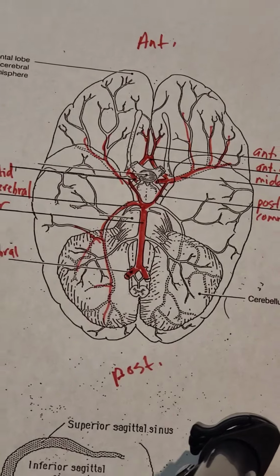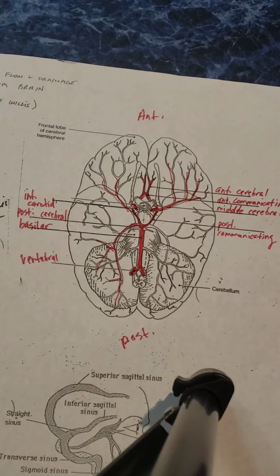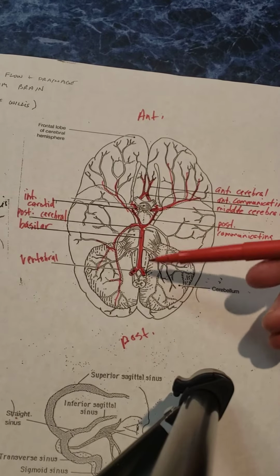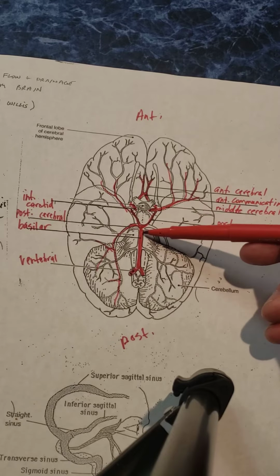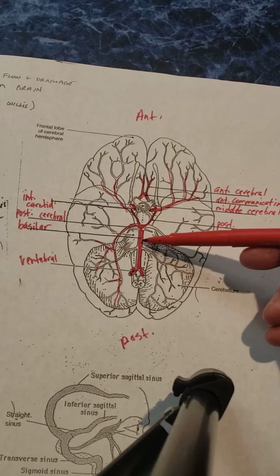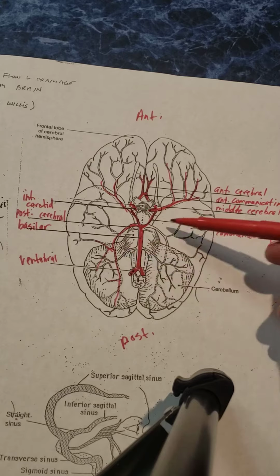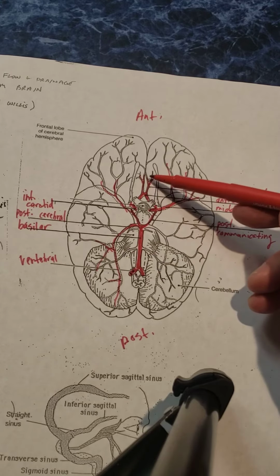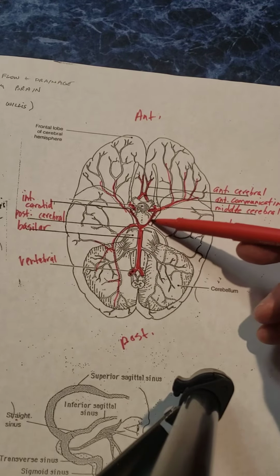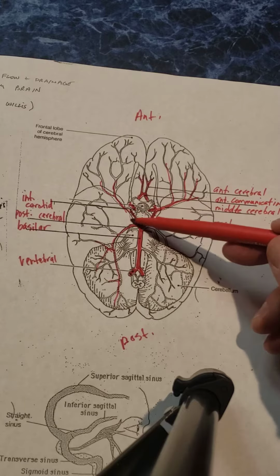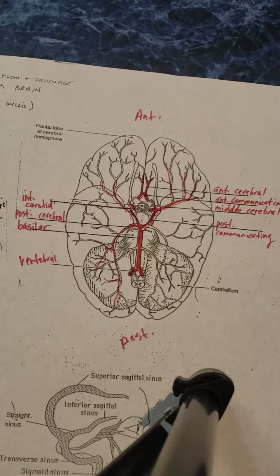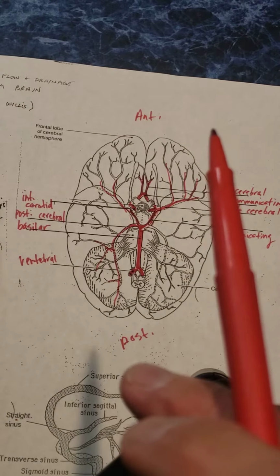But once you know the two main blood supplies to the brain, the vertebral and the internal carotid, from there all you have is the basilar, which runs down the base. You have posterior, middle, and anterior cerebral arteries, and then the posterior communicating and the anterior communicating that connect it to help form this circle, which we refer to as the circle of Willis.